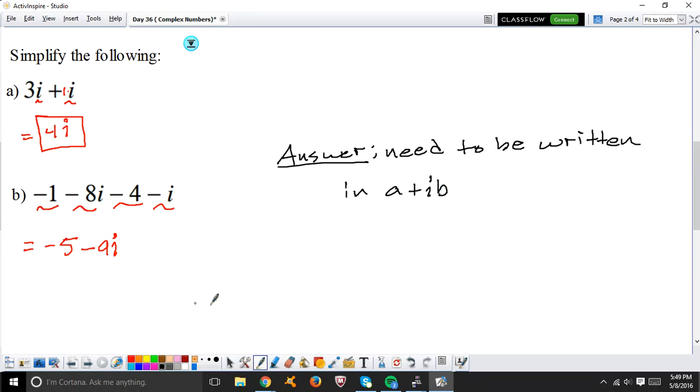All it means is that if you have numbers, you put the number without the i first and the number with the i later. This is the real part, imaginary part, but that's okay. Now here, again, is it in a plus bi notation? Yes, we have the regular number first and the imaginary number second, so that's okay. So when you're combining, you first put the real number first and the number with the i later.